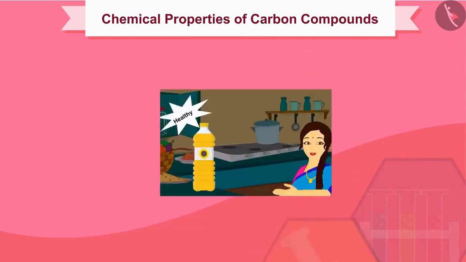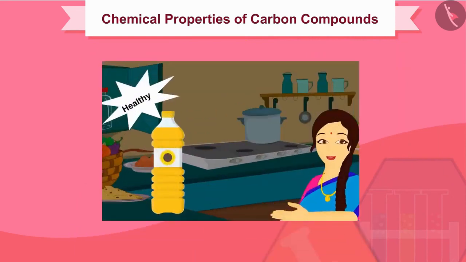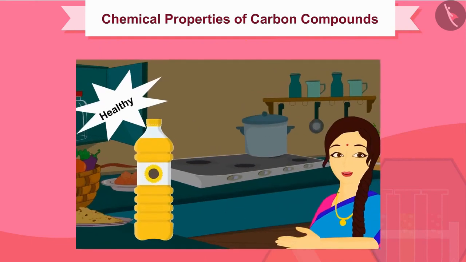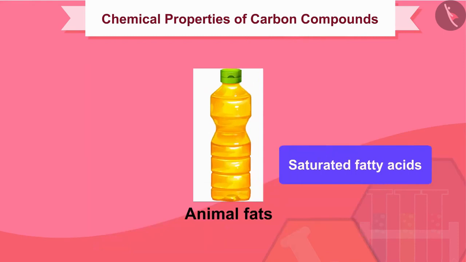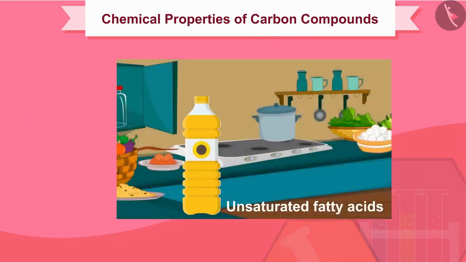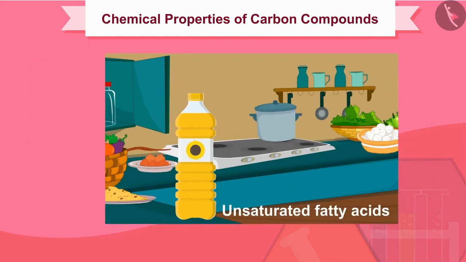You may have noticed that some advertisements say that vegetable oils are healthy. Generally, animal fats contain saturated fatty acids, which are considered harmful to health. Oils containing unsaturated fatty acids should be chosen for cooking.